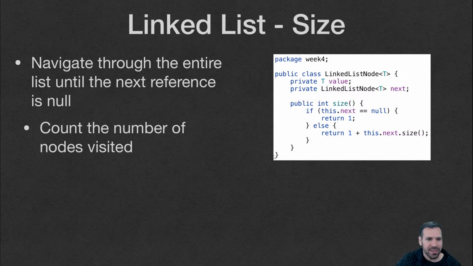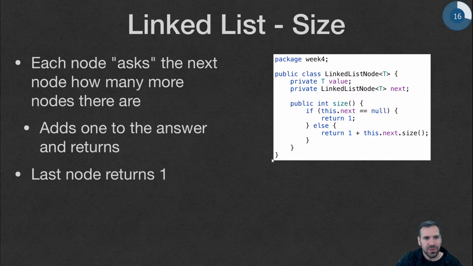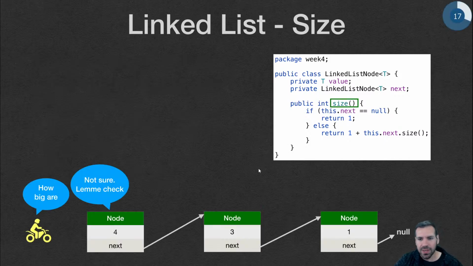But one of the big things, and I would like my visual on screen while I do this. So if I call size on this node right here, since what we store in memory is a reference to the head of the linked list, if I have a variable that stores a reference to this node right here, then this node is effectively the head of that linked list.